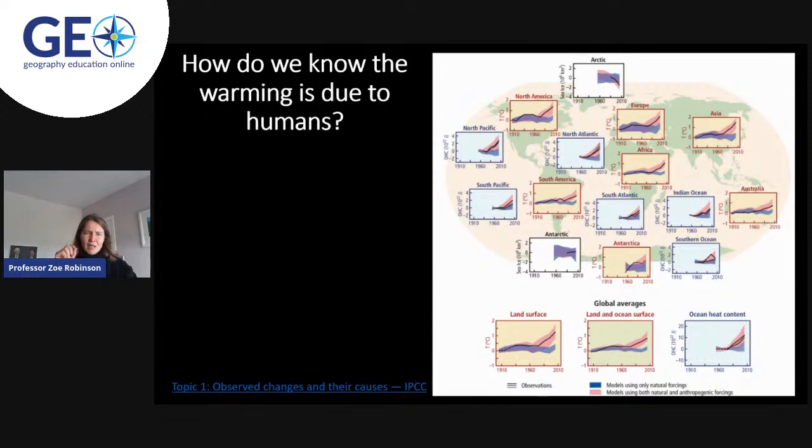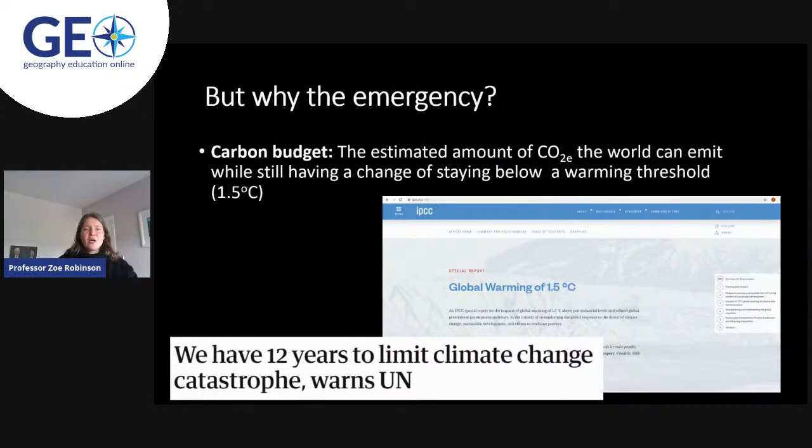Okay, so this is covering some of the background science. But it comes back to our first question: well, that's all very well, understanding that science, but why the emergency? Why now talk about a climate emergency? And that comes down to a phrase called carbon budgets.